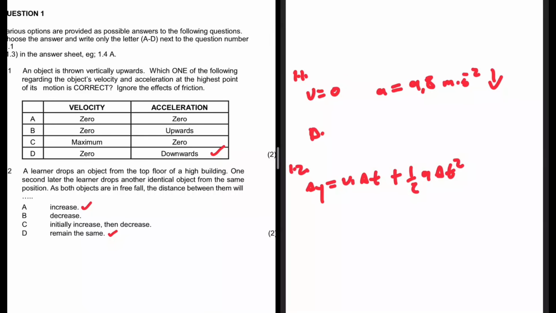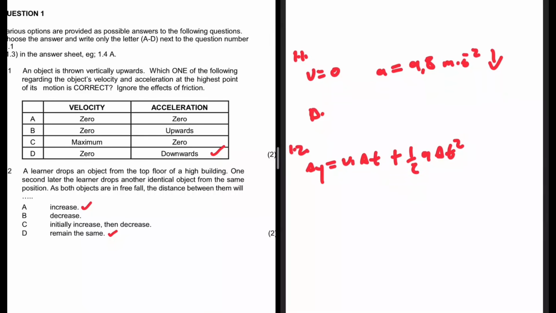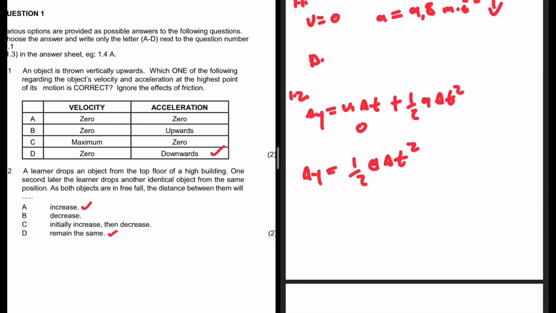These two objects have been dropped, right? So vi is 0, so vi multiplied by delta t is just going to give us 0. So we end up with delta y equal to a half acceleration delta t squared. So we can clearly see that delta y is directly proportional to delta t squared, right?